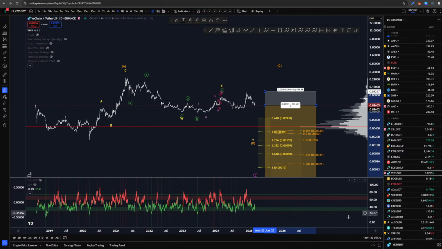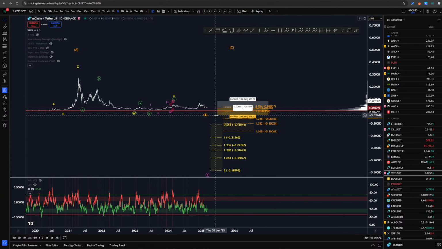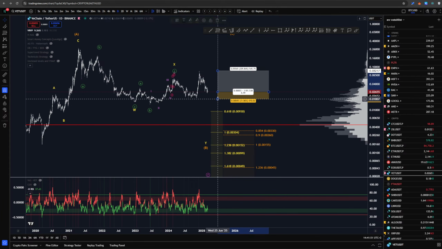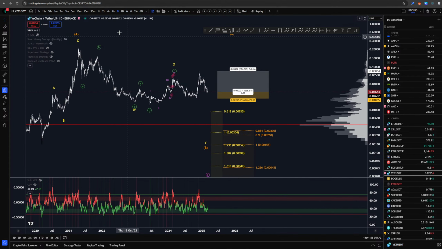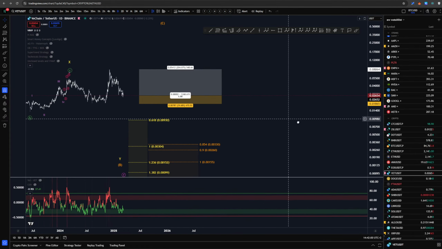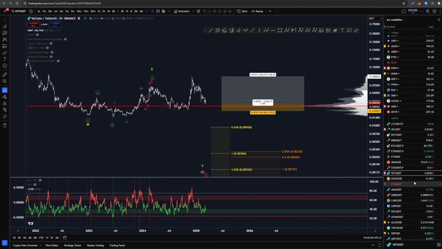That might be the case. 6.7. Yeah, I kind of like that. So VET is currently the one that I would be looking at here locally.